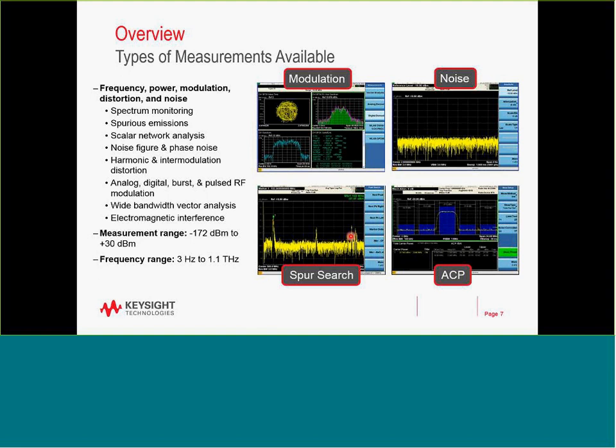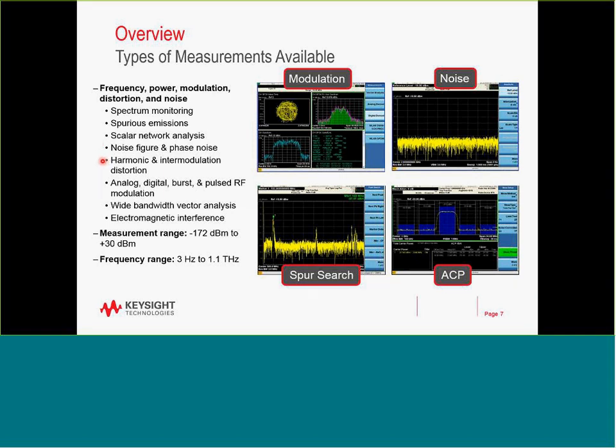If you have a source, with your spectrum analyzer you can make some scalar measurements. This is actually good to measure insertion loss in the case of a stable device. It's not very accurate, but that's something that could be done. Since analyzers are quite sensitive tools, you can measure noise density, so you can measure amplifier noise figure, and it has application to measure local oscillator phase noise if you need to measure the device phase noise.